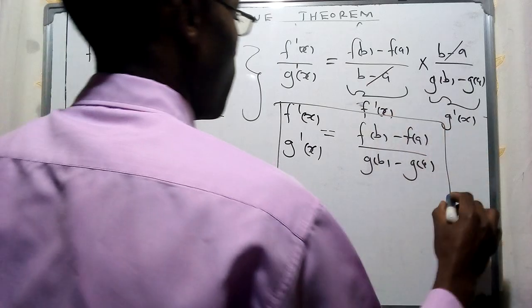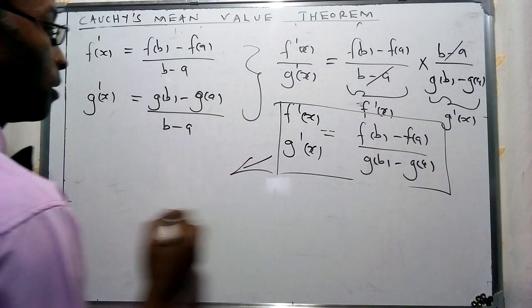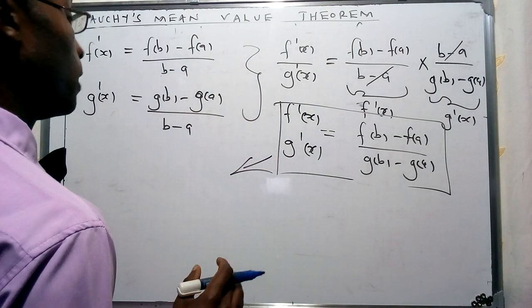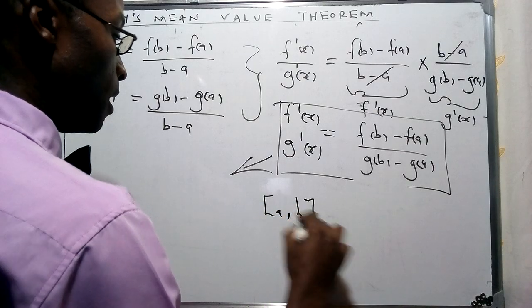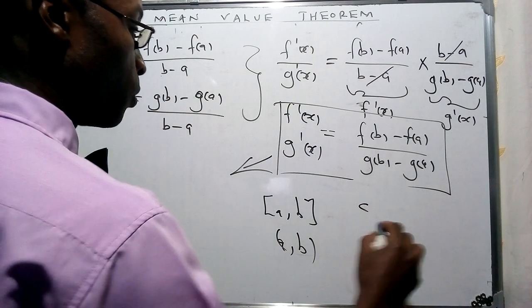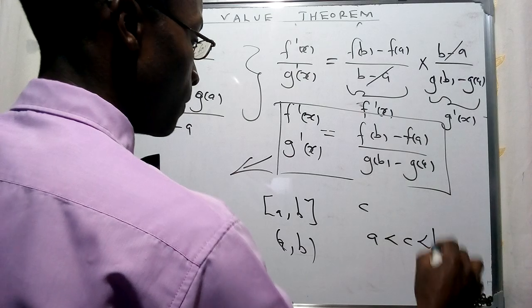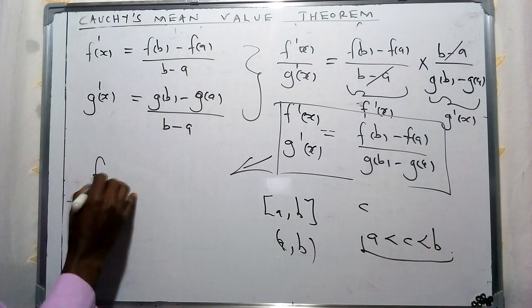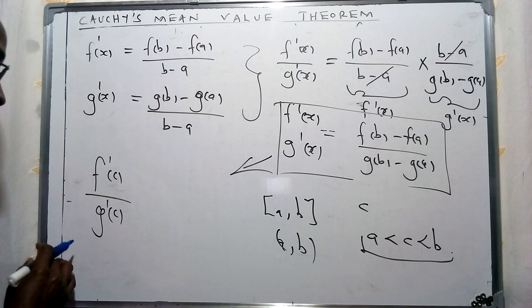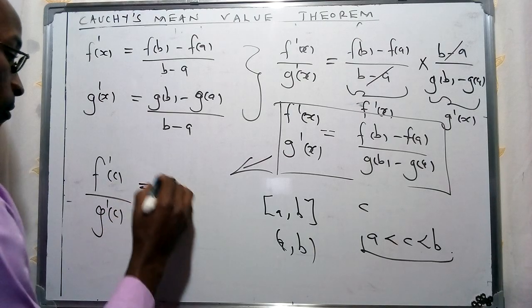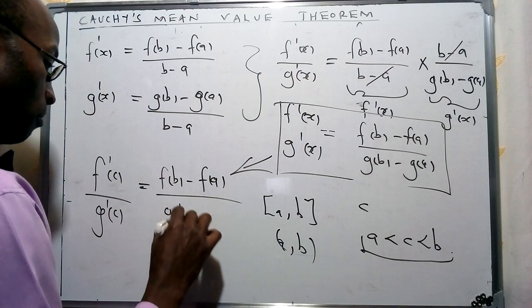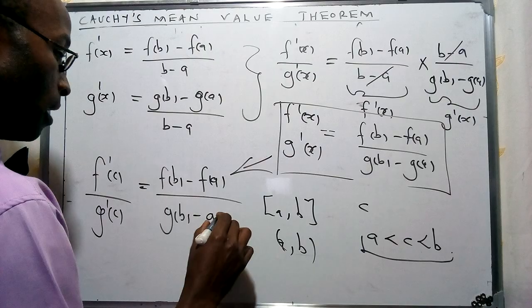And this, of course, is going to be a version of Cauchy's mean value theorem, which states that if we have two functions, f of x and g of x, which are continuous over the closed interval a and b, and of course differentiable over the open interval a and b, then there exists a c between a and b such that the first derivative f prime of c over g prime of c can be given in terms of f of b minus f of a divided by g of b minus g of a.